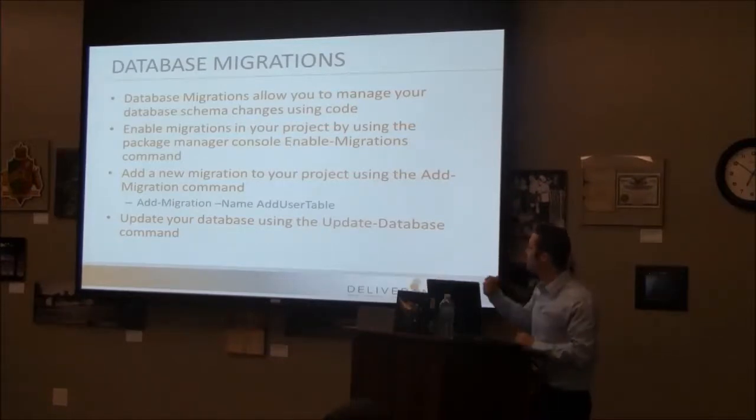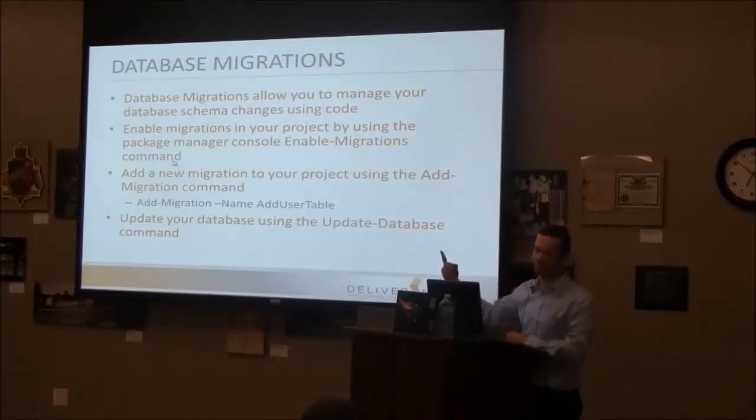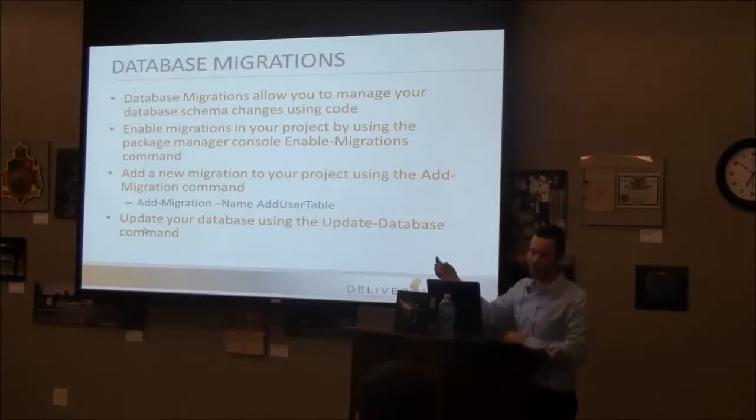Then anytime you update your entities, you just type the command add migration, give it a name, and then to update your database, you type the update database command. The first step, enable migrations, you only have to do once in your project. Every other time, anytime you add a new migration, you just do add migration, and when you're ready to update your database, type in update database.